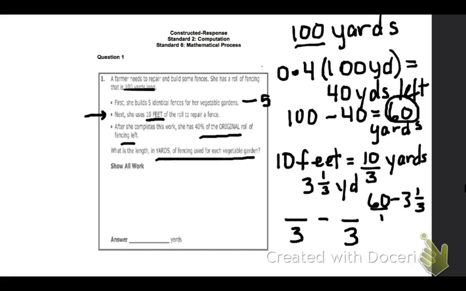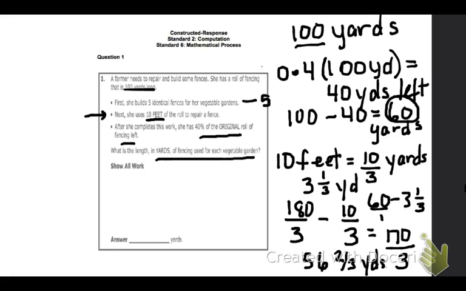And this is over 1, so this would be 180 yards minus the 10 that we had up there. So the farmer, she has 170 divided by 3 yards of fencing left. So I can turn that into 56 2/3 yards.